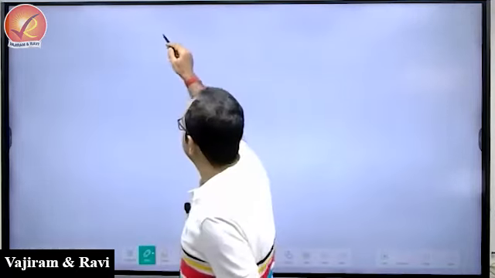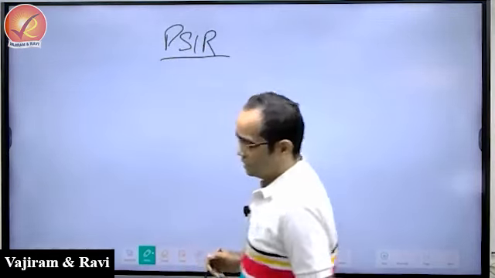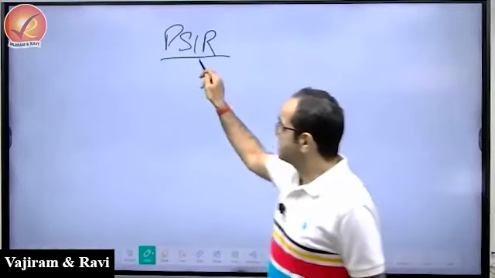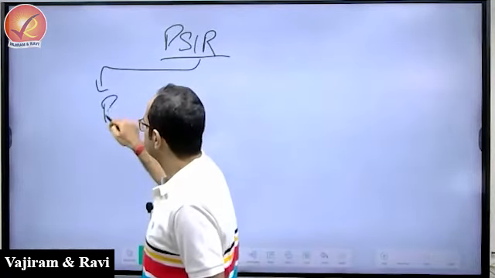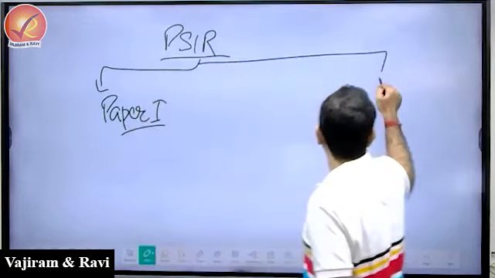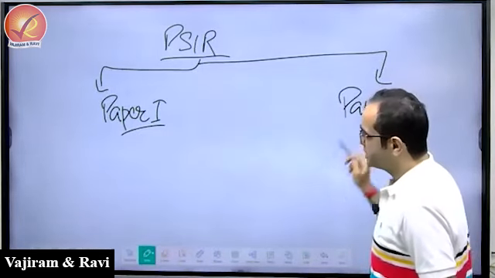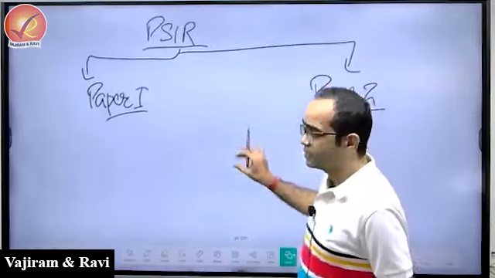So, political science and international relations, PSIR, consists of paper 1 as well as paper 2. I teach paper 1, Iqbal sir will be taking paper 2.